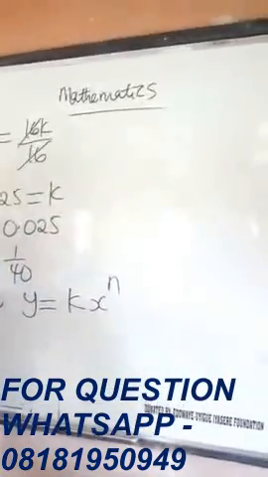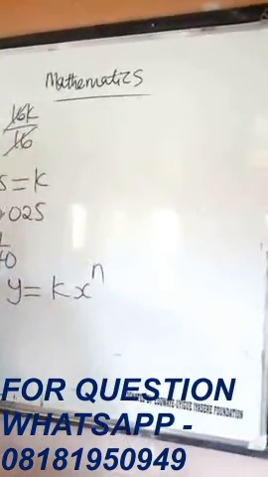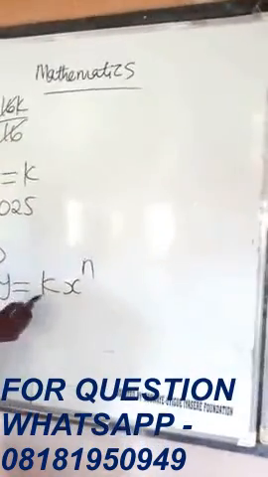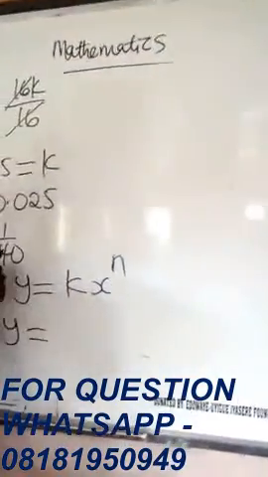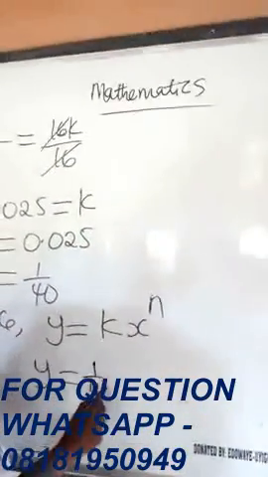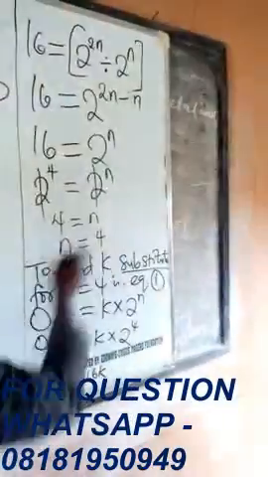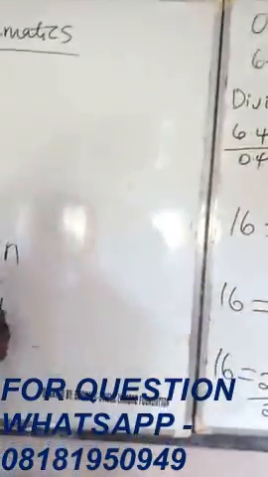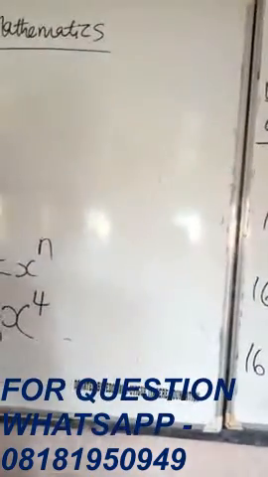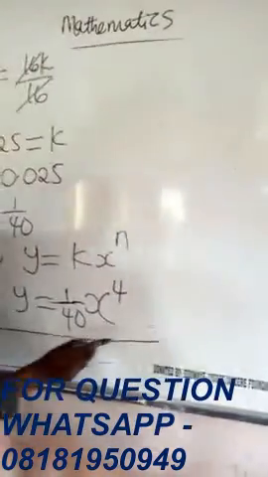So we want to substitute now for our k and n. Look at your real equation. Your y equals our k, which is 1 over 40, times x. Our n was 4. So we put your 4 here. So this is our final answer.